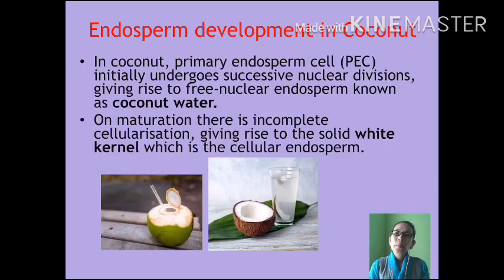There is the formation of cells which is going to be forming a solid endosperm called the white kernel, and such endosperms are called cellular endosperm. So in the coconut, we do find two types of endosperm: the liquid endosperm, which is the coconut water, and the solid endosperm, which is the white edible kernel.